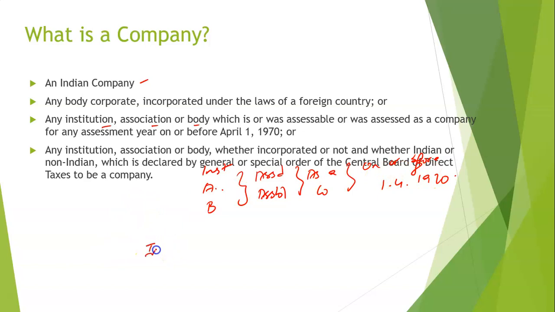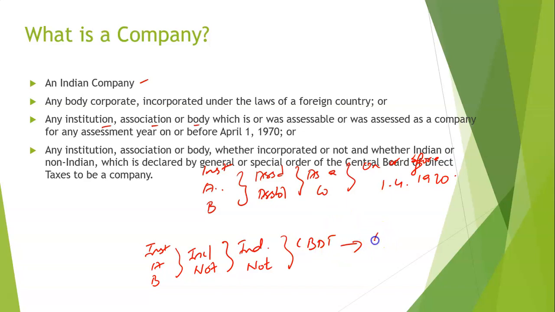That is, an institution, association or body, incorporated or not, Indian or not, but the CBDT, the Central Board of Direct Taxes, says it is to be treated as a company. Alright, fine. So now you know what a company is.